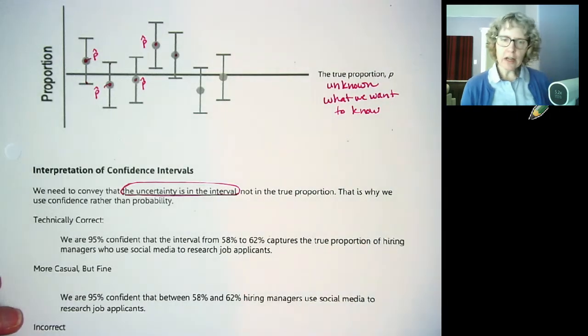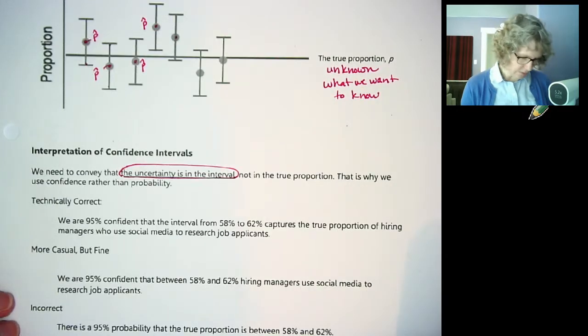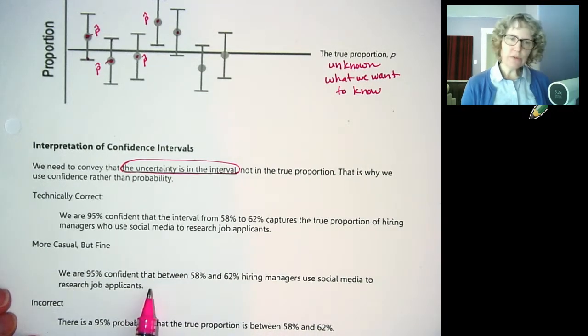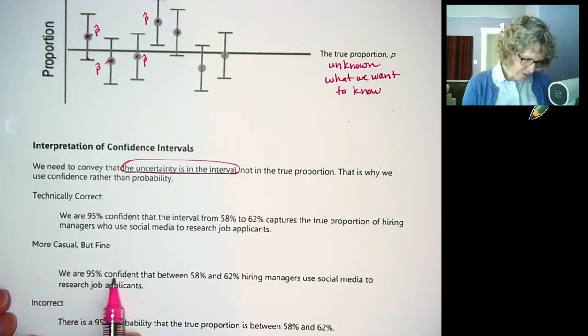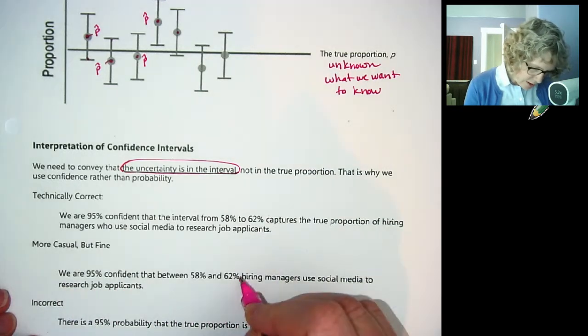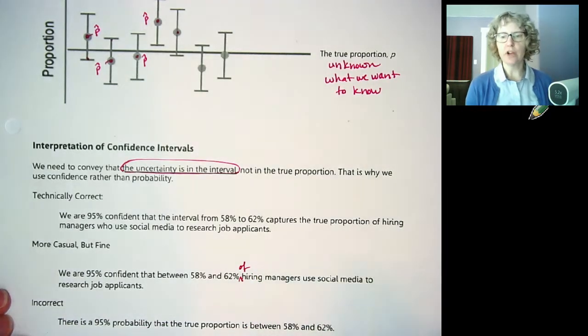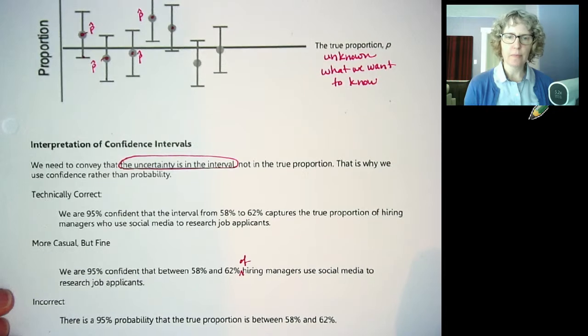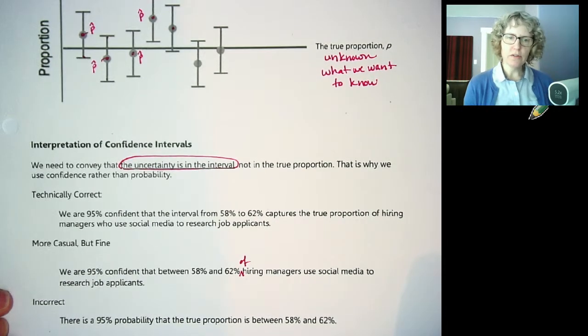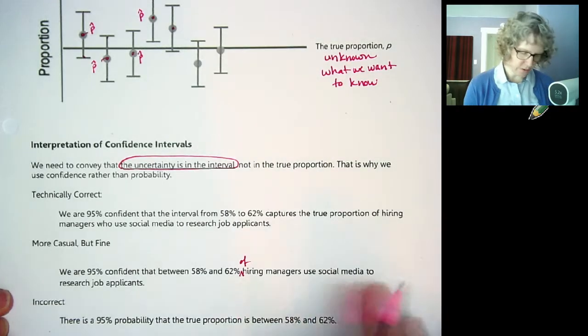It's a little technical, so I usually use this one: we're 95% confident that between 52 and 60% of hiring managers use social media to research job applicants. Or the one we had on the previous page was another version of this one.